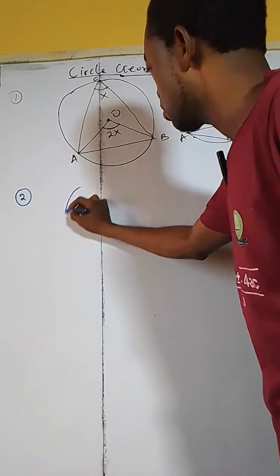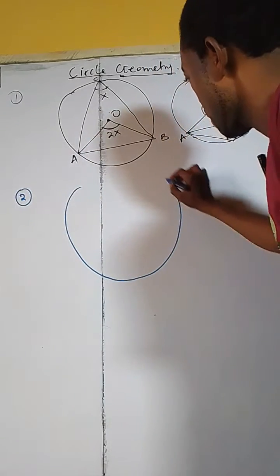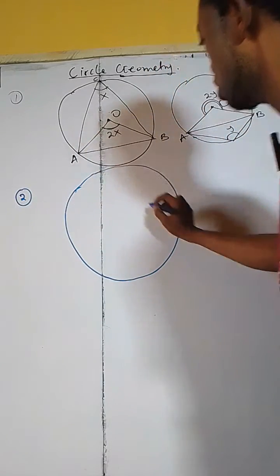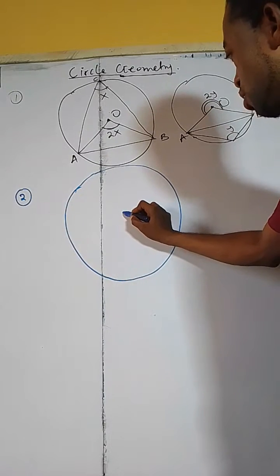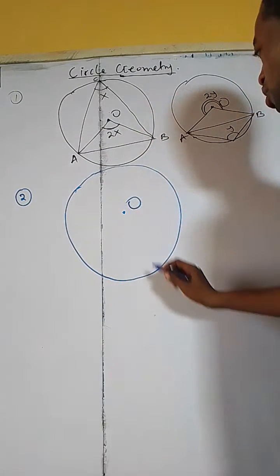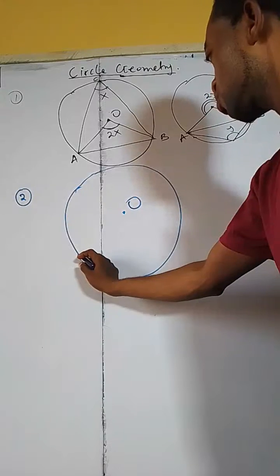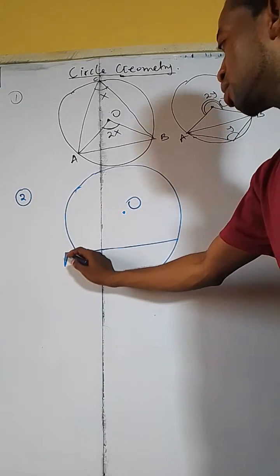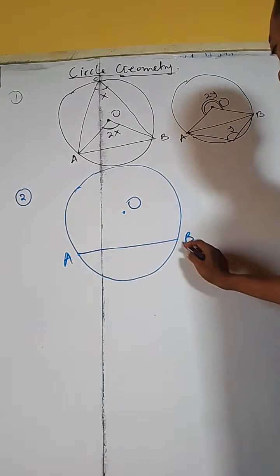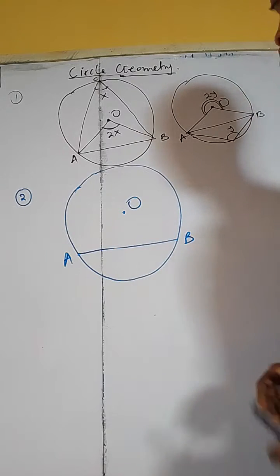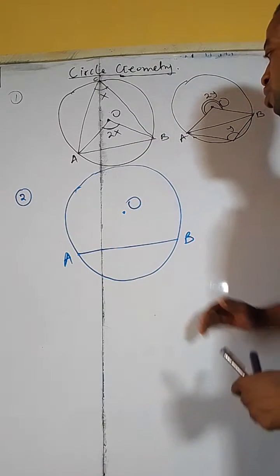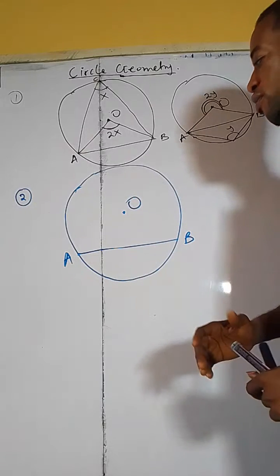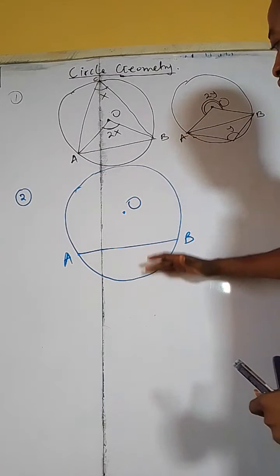So given this circle here, which is having center hole here, let's say we have a chord. Let's call this chord AB. Now this chord has divided this circle into 2 parts, that is 2 segments. So here we have the major segment and we have the minor segment.